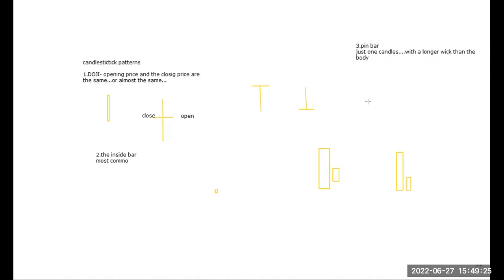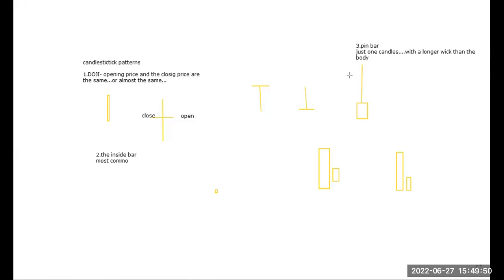So we can have this one, or this one here. This is a pin bar, whereby the wick is longer than the body.